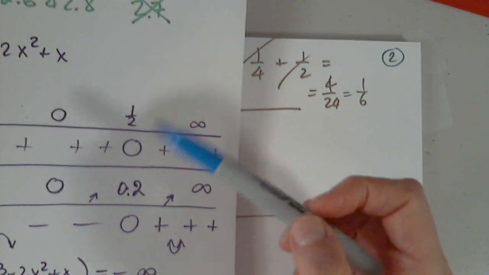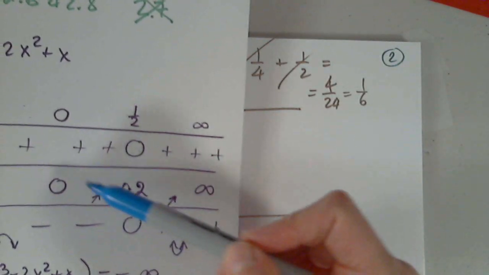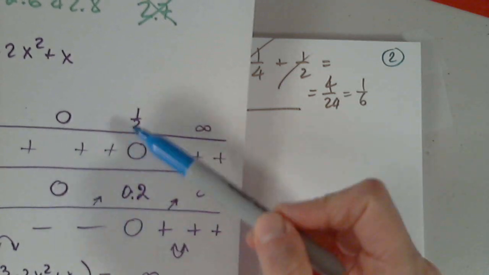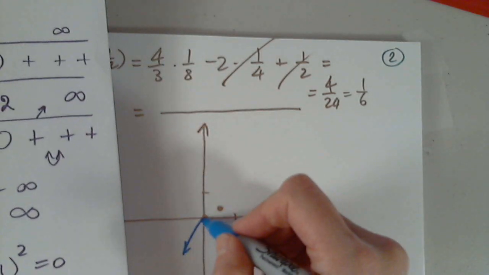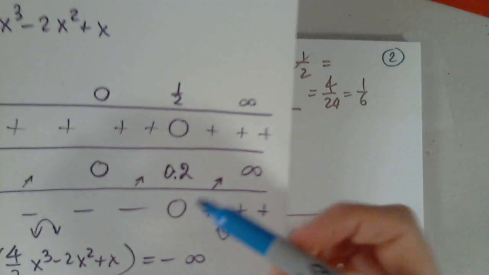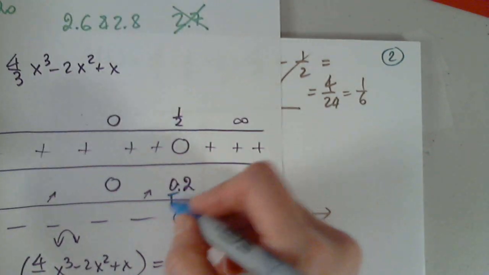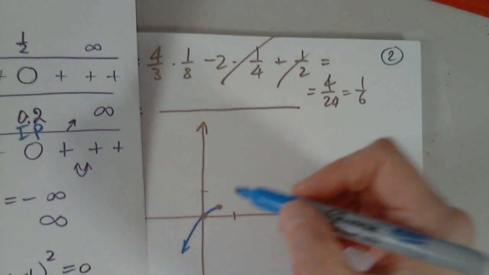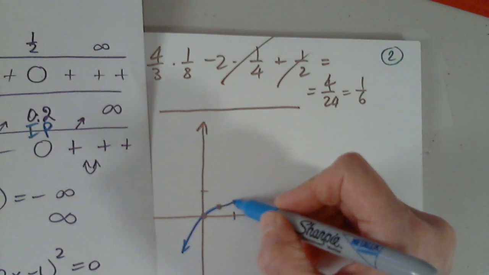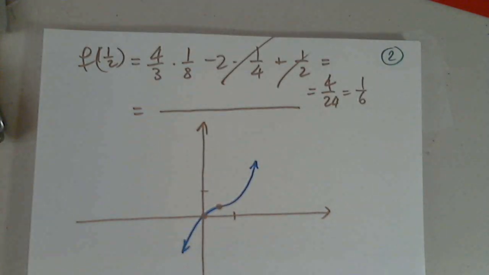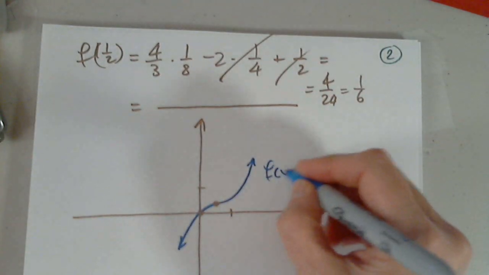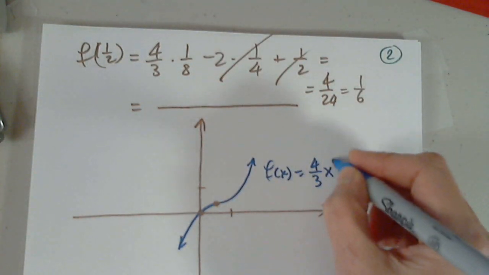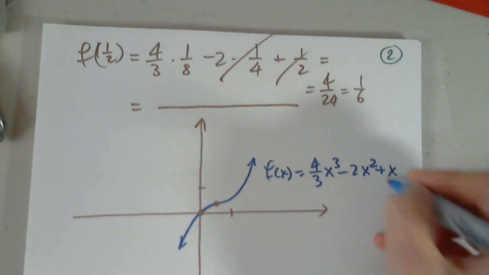It goes to this point, continues to increase till 1/2, 0.2, which becomes an inflection point, IP, and it changes concavity, and it does this. And that's final. And that's the graph of f of x equals 4/3 x cubed minus 2x squared plus x.